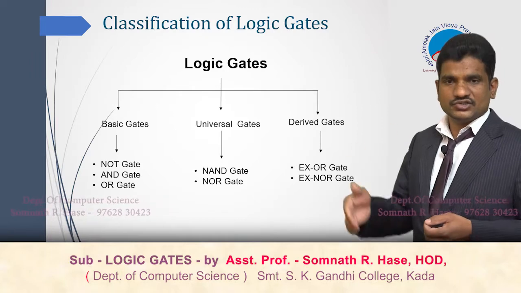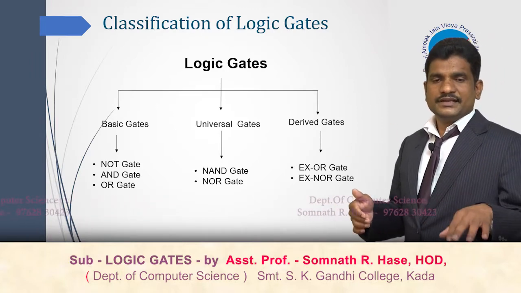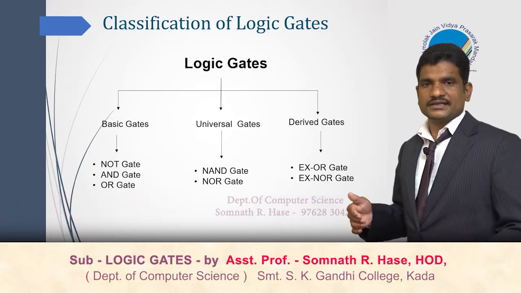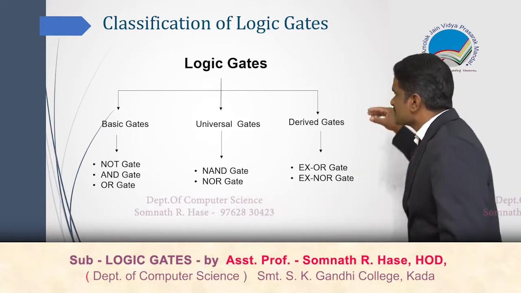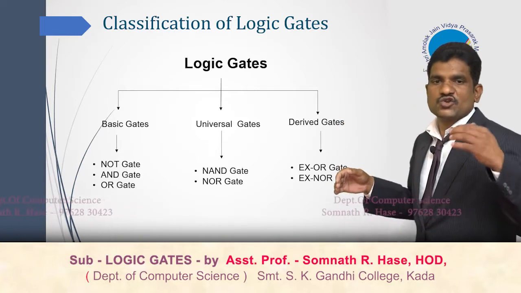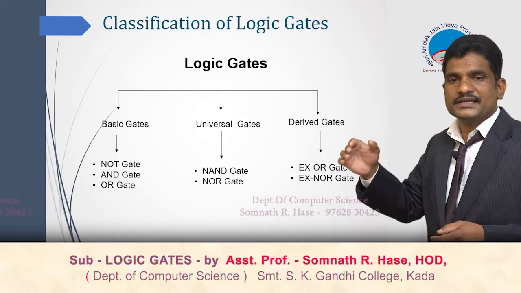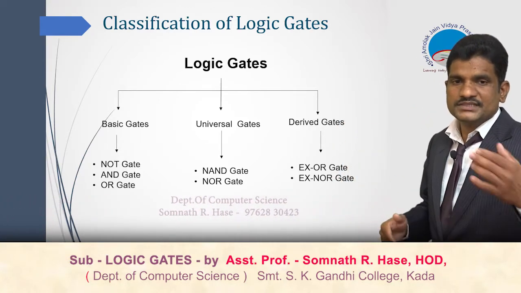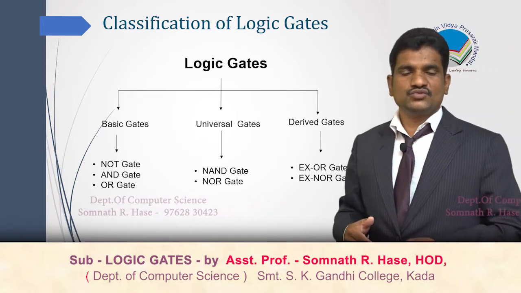Then after universal gates, the next one is derived gates. In derived gates, XOR gate and XNOR gate are derived gates. XNOR gate is the opposite of XOR gate. We will see the details in the next few slides.